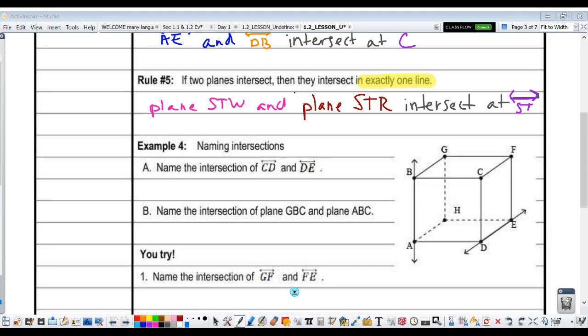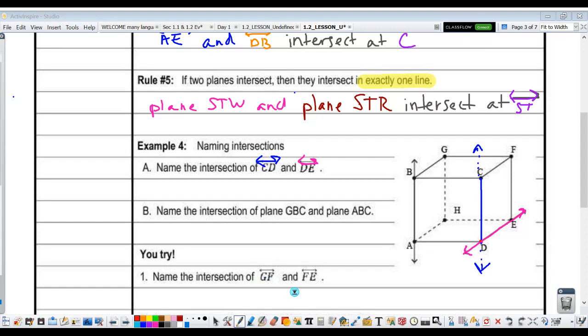All right, so we need to name the intersection of line CD. So I need to find C and D. And notice that on the box it's a segment, but remember we can extend it to forever. And line DE. There's D, there's E. Oh, and there they do remind us that there is a line. So where do they meet?